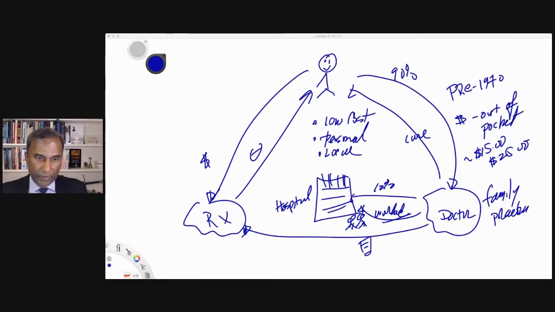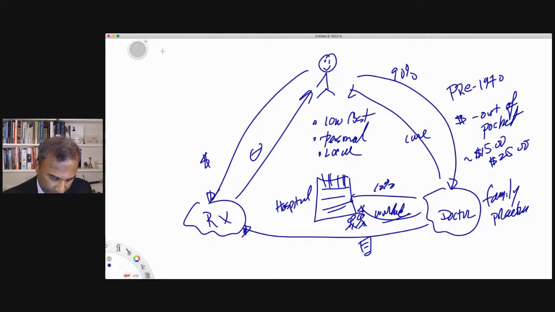So this is, let me just put this here. This was what it was like. And I'm not saying this was perfect, but it was a very simple model, okay? This is the way things were. Okay, let me bring this back. How it was.